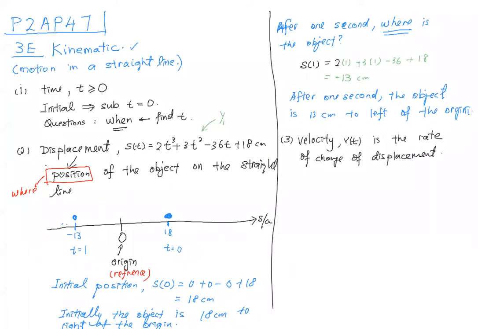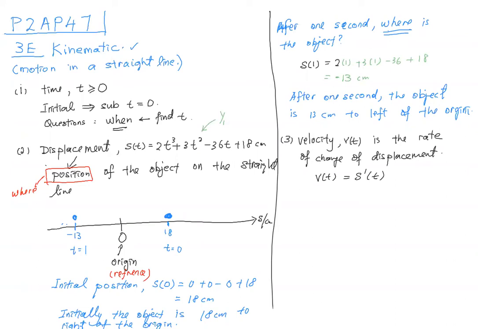If you know that velocity is the rate of change of displacement, it means V(t) is equal to S'(t). Agree? That is called the rate of change of displacement.